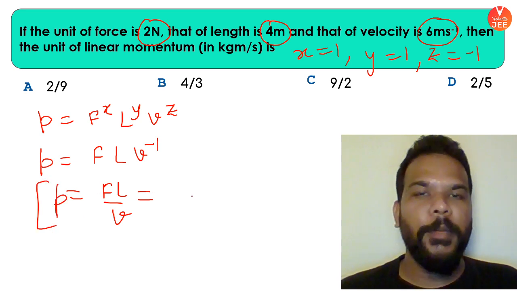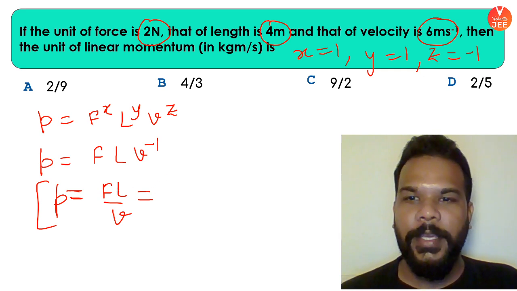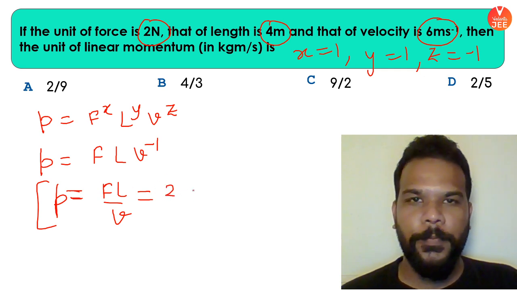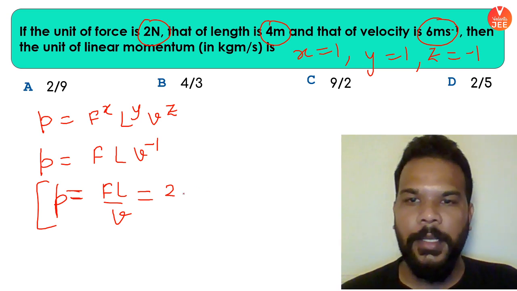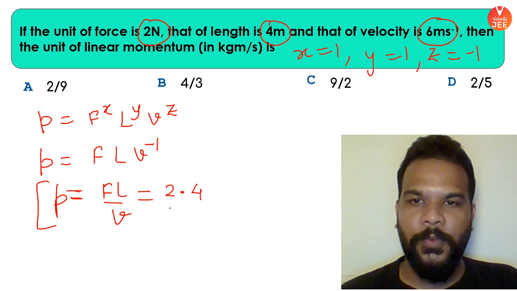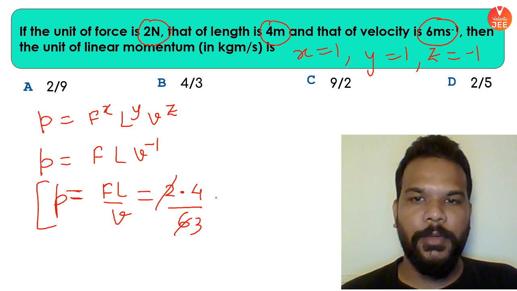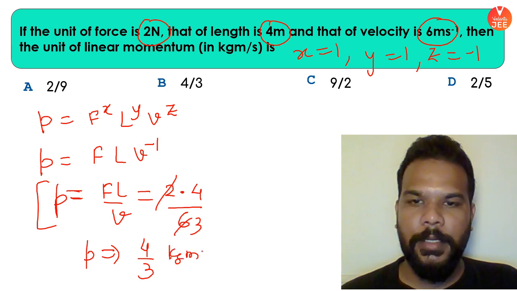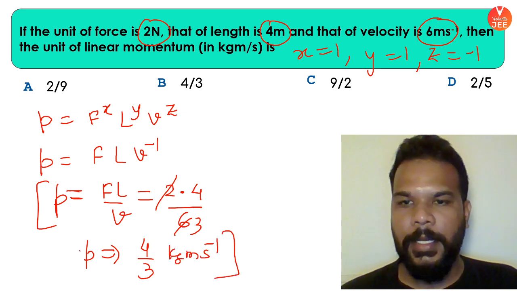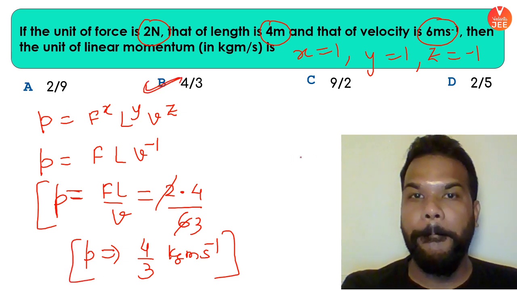Force is 2, length is 4, and velocity is 6. If I cancel this, it comes out to be 4 by 3. That is basically the value of the unit, 4 by 3 kg meter per second, the answer to the question. So guys, the correct answer comes out to be option B.